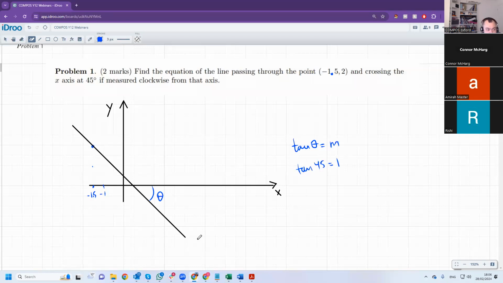Of course, the gradient is not 1, it is minus 1, because the angle is not technically 45. The angle is this: 135 degrees, because you measure angles anti-clockwise.